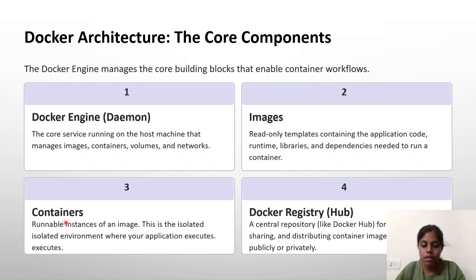Then come the containers. They are running instances of images, like your app in action. Next is the Docker registry. This is where images are stored and shared, like Docker Hub. Developers can pull public images or push their own custom ones. These components work together to create, manage and distribute containers easily.